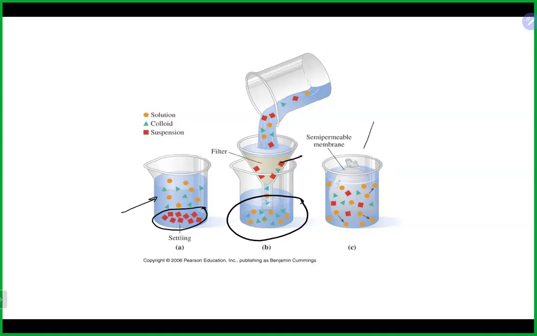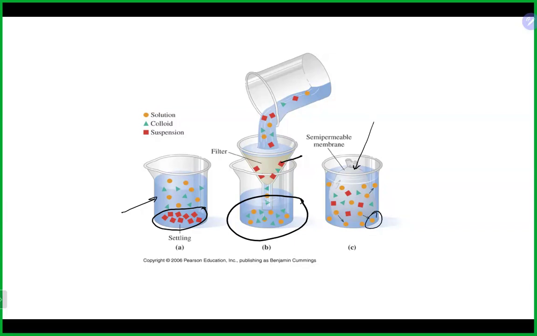And this is also a dialysis bag, which is a semipermeable membrane. Even though you can't really see the holes on the bag, there are holes in there that allow certain size things to flow through. You can see that our solution particles can come in and out, but our colloids and our suspensions get trapped. I think that might be the experiment you're doing this week.